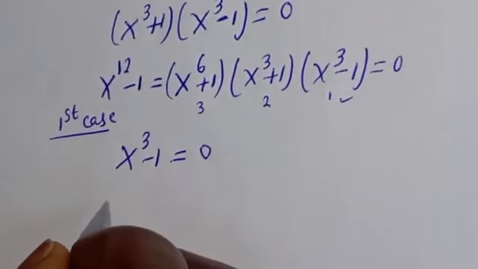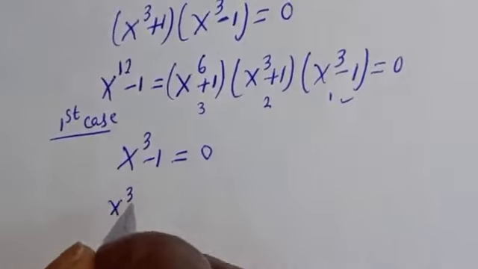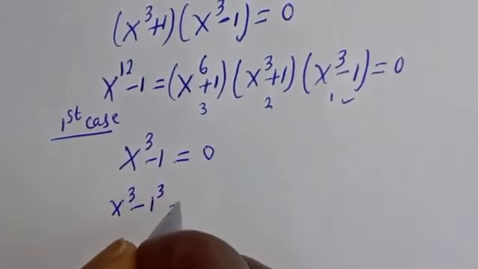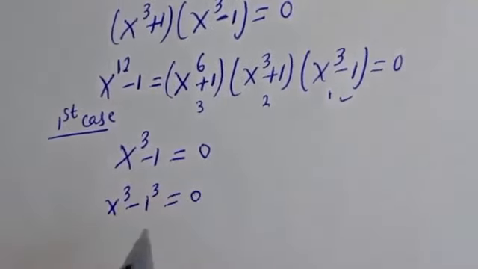So this is the same thing as s raised to power 3 minus 1 raised to power 3 is equal to 0.